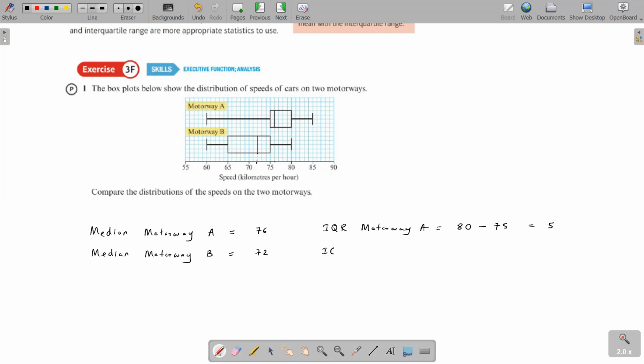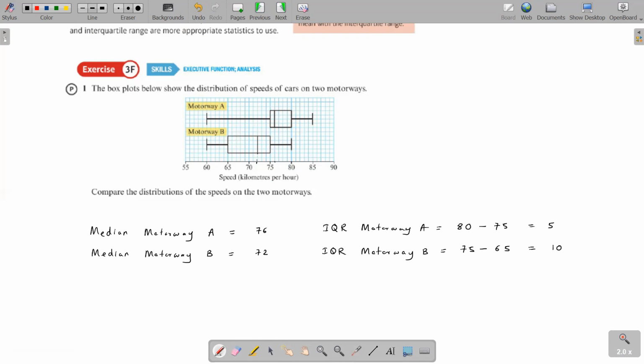And the interquartile range for motorway B is Q3 minus Q1 for motorway B. Q3 is 75, right? This is the Q3. That's 75 minus Q1, which is 65. So 75 minus 65, the interquartile range for motorway B is 10.